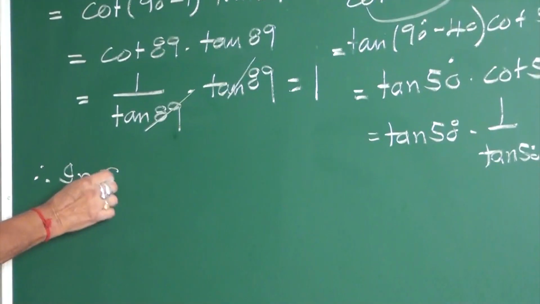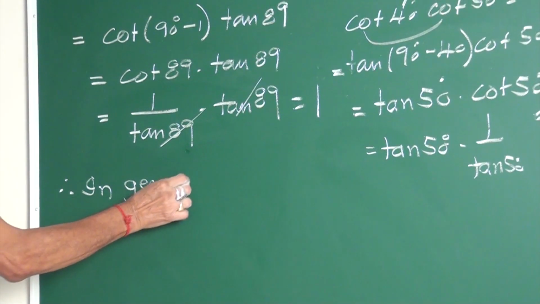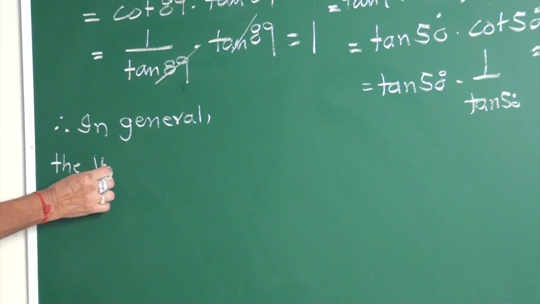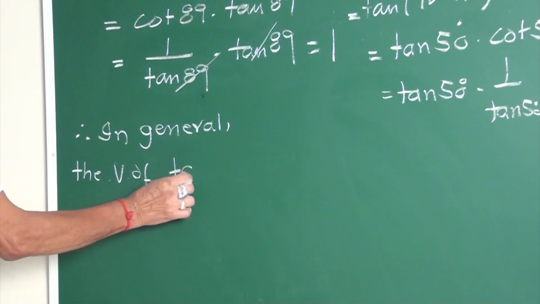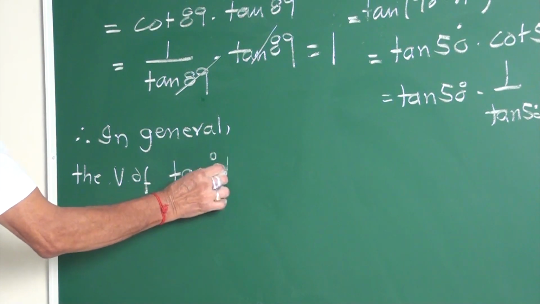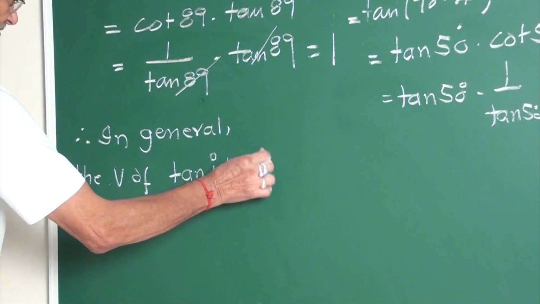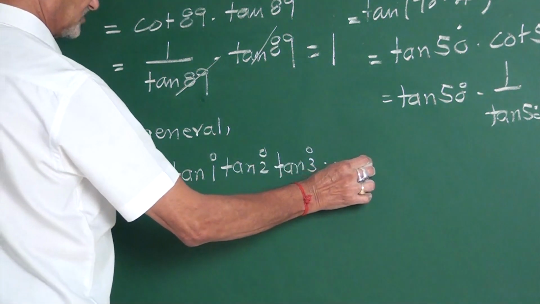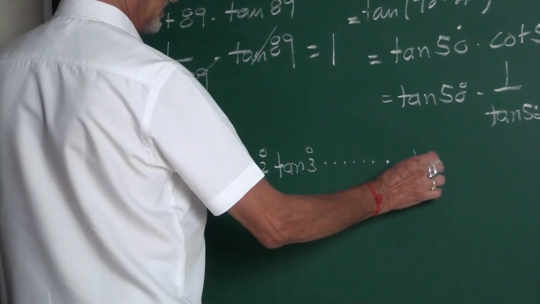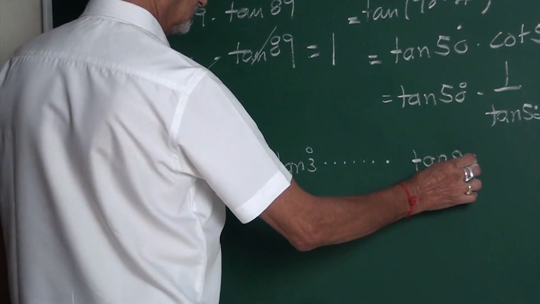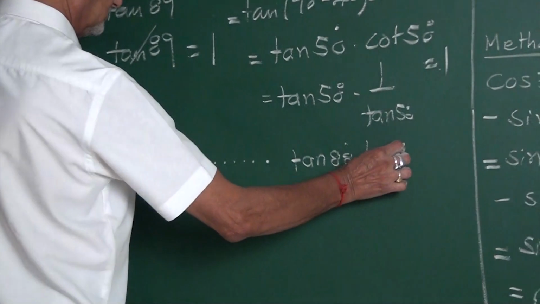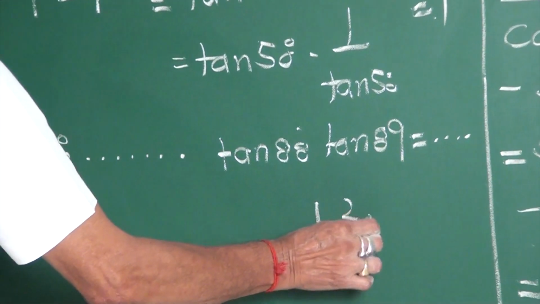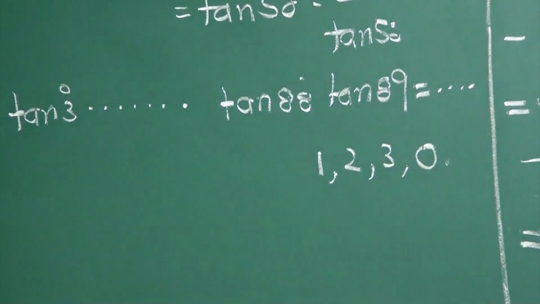In general, the value of tan 1 degree, tan 2 degrees, tan 3 degrees, and so on, up to tan 88 degrees into tan 89 degrees equal to dash. Options 1, 2, 3, 0.